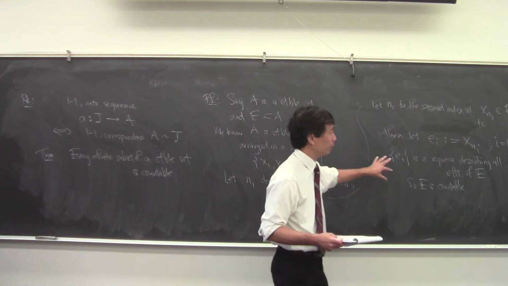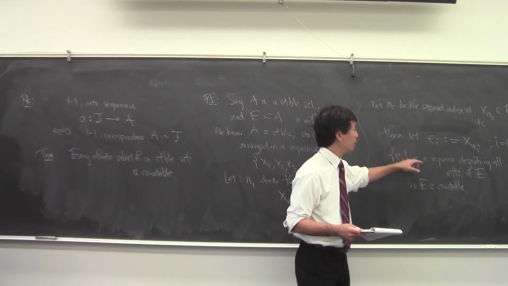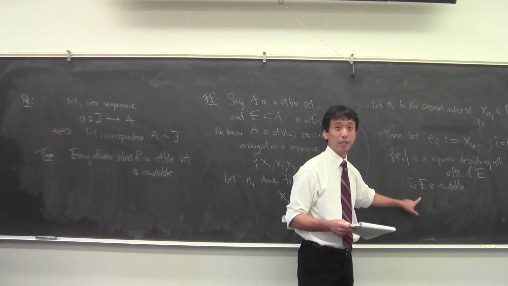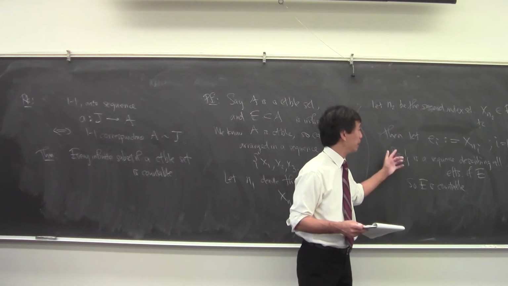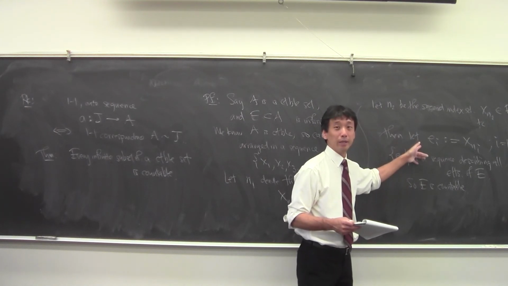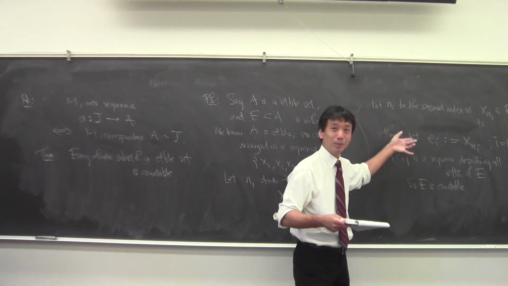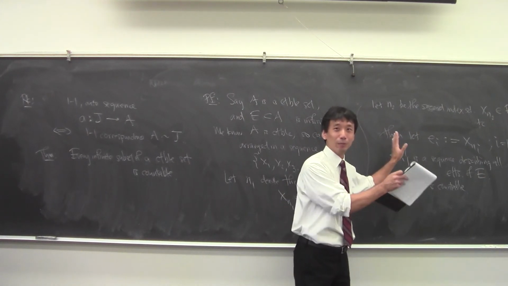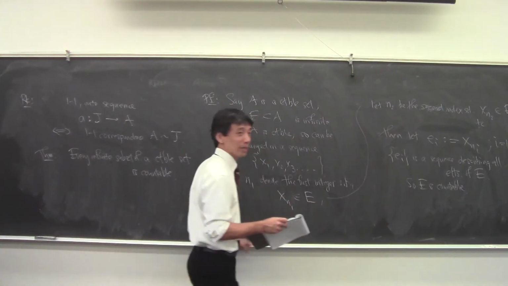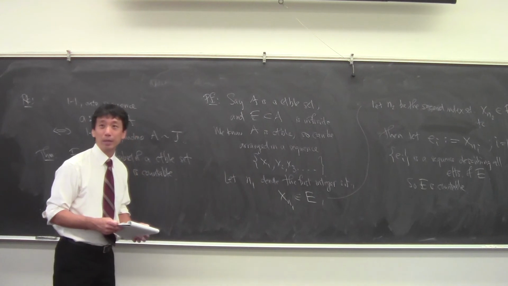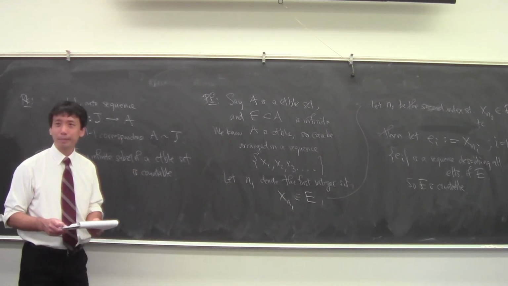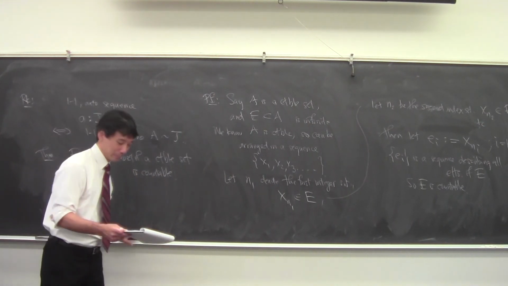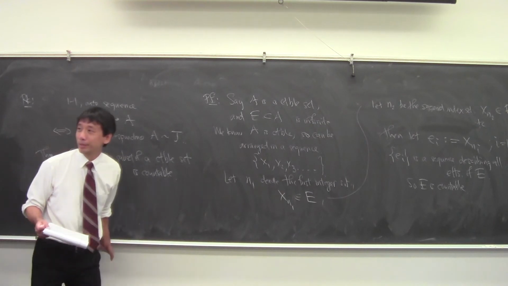What we need is a one-to-one correspondence from the natural numbers onto E, right? And we create it. I guess you could say that puts an order on E, but that's not relevant to the statement. Other questions? Okay, yeah, Mitchell.